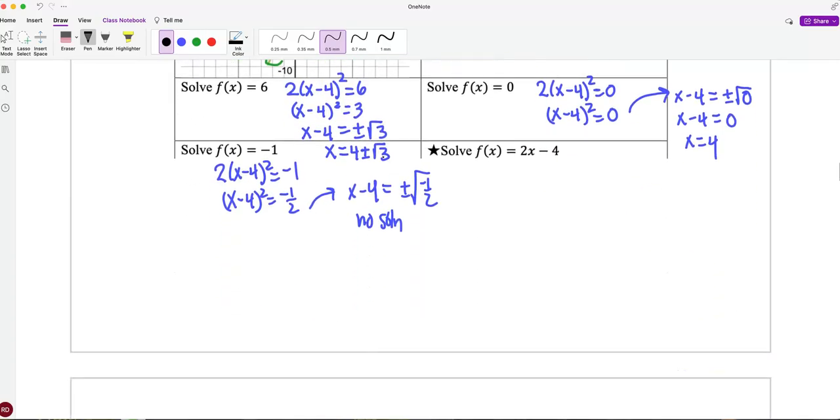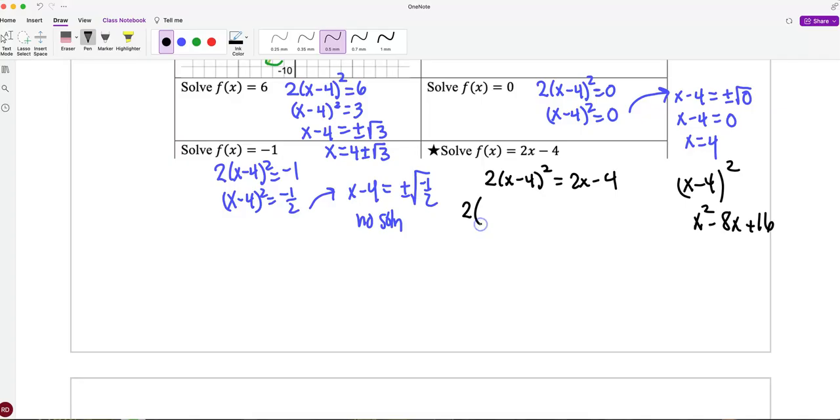Let's do it algebraically. So 2(x minus 4) squared equals 2x minus 4. Now in this one, I can't really take the square root of both sides because I've got this x term. What is x minus 4 squared? That's x squared minus 8x plus 16.